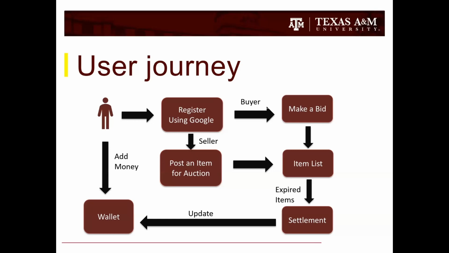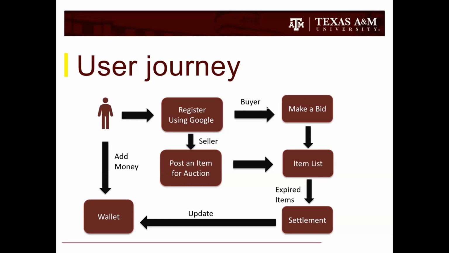When an item is no longer available for auction, it will be processed for settlements. During the settlement process, the wallets corresponding to the participants will either be credited or debited accordingly. Every user will be able to view their updated wallet balance from their profile page.